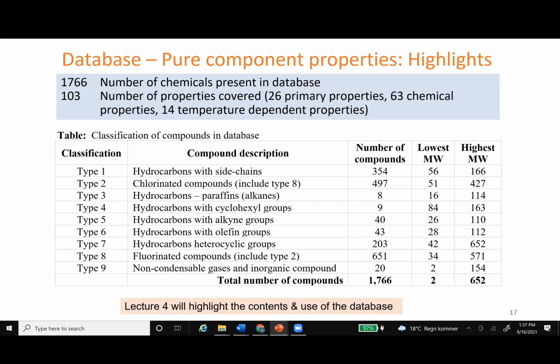So total is this. And you can see that the lowest molecular weight, of course, is hydrogen, and the highest molecular weight is 652, which is unlikely to be used as a refrigerant, but still we have put that. So these are the molecules that we have in the database. Of course, if we are searching through this, we are not going to find a new refrigerant.